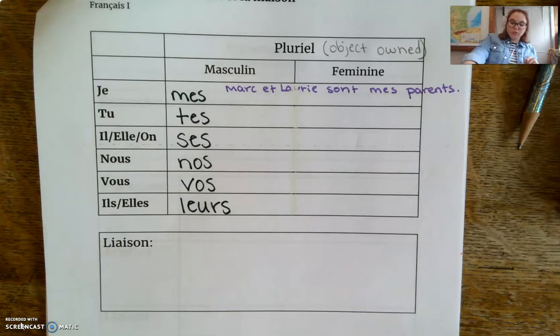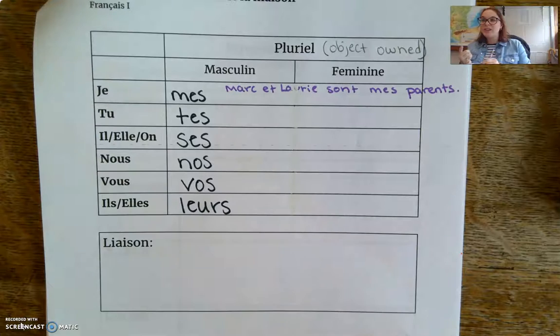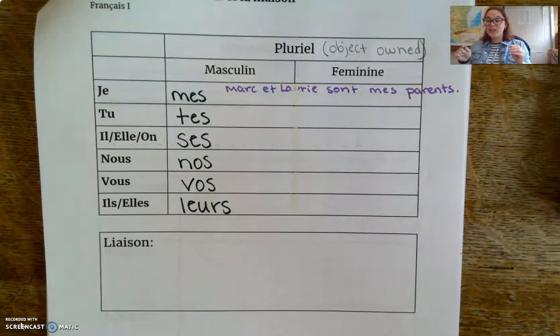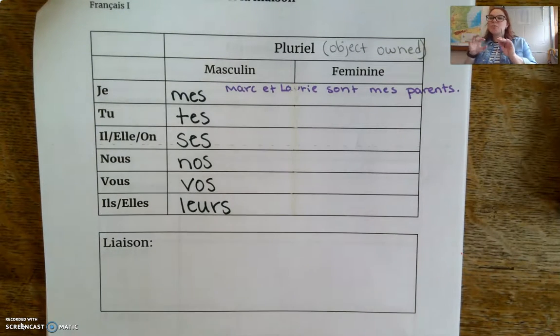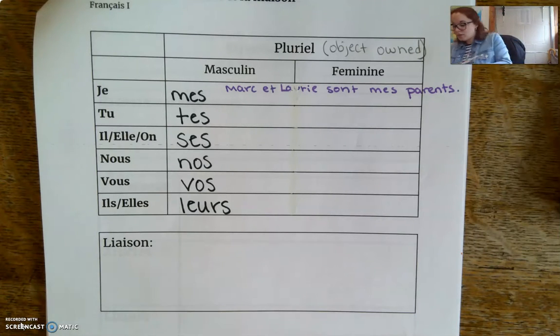So now we're going to write a little rule about the liaison. And we remember liaison is a way we pronounce things that makes French get that nice, buttery, smooth sound. So our rule is when the object you own, when that word starts with a vowel, we need to do something special.